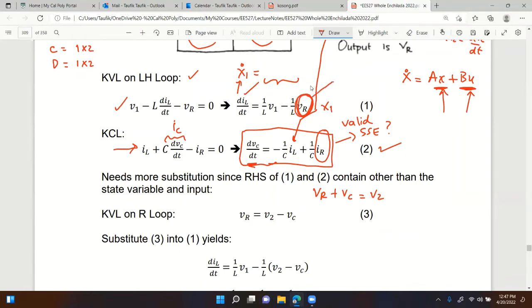Let's see if I do KVL around the other loop, I can substitute that VR so that on the right-hand side of the first equation, I only get x and u. VR from the KVL around the right-hand loop gives us V2 minus VC. If I substitute VR with this equation, would that be good for our state space or no?